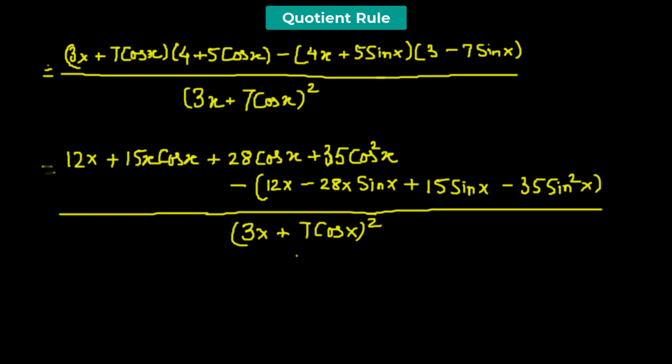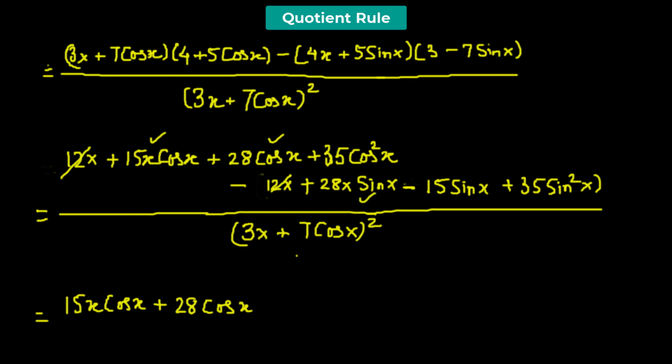So now we get rid of the parentheses. So we have negative 12x, that will make positive 28x sine x. We have negative 15 sine x and positive 35 sine squared x. So 12x and negative 12x will get cancelled. So we have 15x cosine of x. Then we have 28 cosine of x.